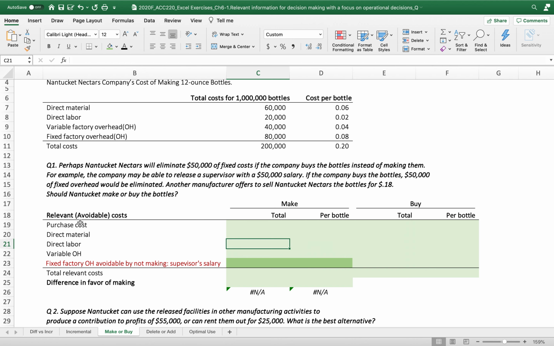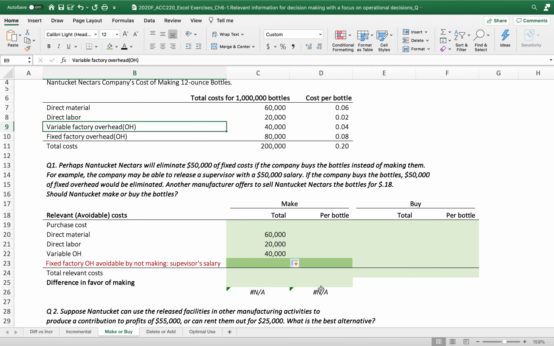Here the purchase cost in the making case, we don't have this information because that is the making case. Direct material, now we have this direct material, the total cost for 1,000,000 bottles. So I'm going to take all this information up to the variable factory overhead.